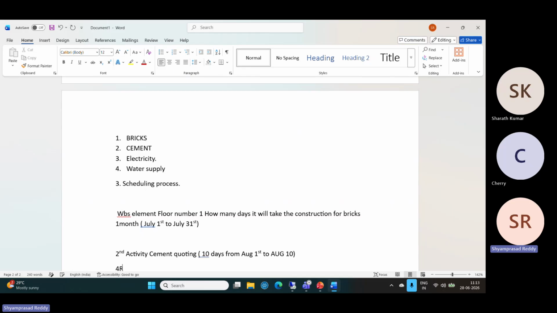The third activity is electricity, which takes 5 days, from August 10 to August 15. So these are the activities. Activities come under the network, which tracks them, and the days make up the scheduling process. You need to understand this.